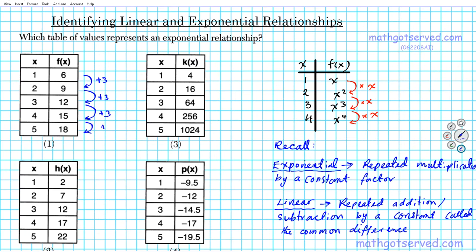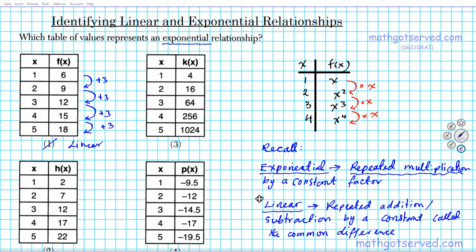So you see that we have a repeated addition situation here, right? The common difference is 3 because that's the number you keep adding over and over again. Number 1 is a linear relationship. All right, that's not what we're looking for. We're looking for an exponential relationship identified by repeated multiplication. That's the key.